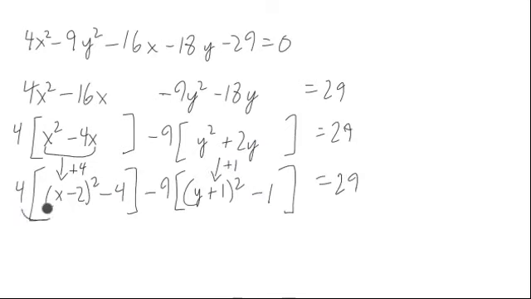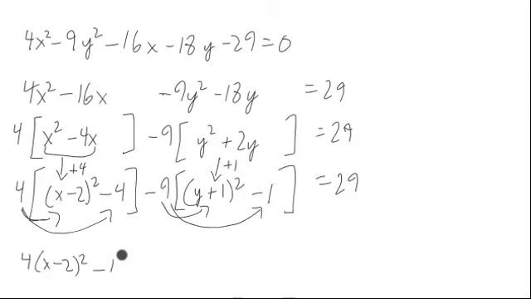So now we have to distribute in. And we do that. And so then we have 4 times x minus 2 squared minus 16, minus 9 times y plus 1 squared, plus 9 is equal to 29.